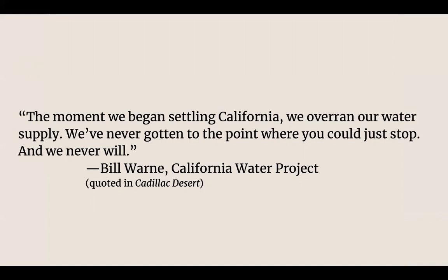This was an executive in California's State Water Project. And he says, the moment we began settling in California, we overran our water supply. We've never gotten to the point where you could just stop, and we never will. I don't think he's saying this in a way that's like, I hope this is what happens.